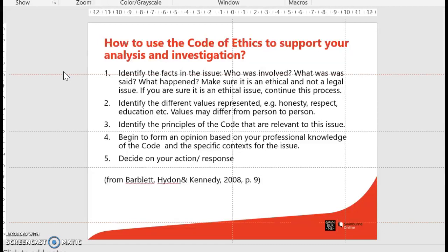I want you to use particular points from it and integrate them within the case study to demonstrate which parts of the Code of Ethics you feel would be applicable to this situation. It is divided into your ethical responsibilities to yourself, your colleagues, families, and the children. So you need to consider all of these aspects as well.